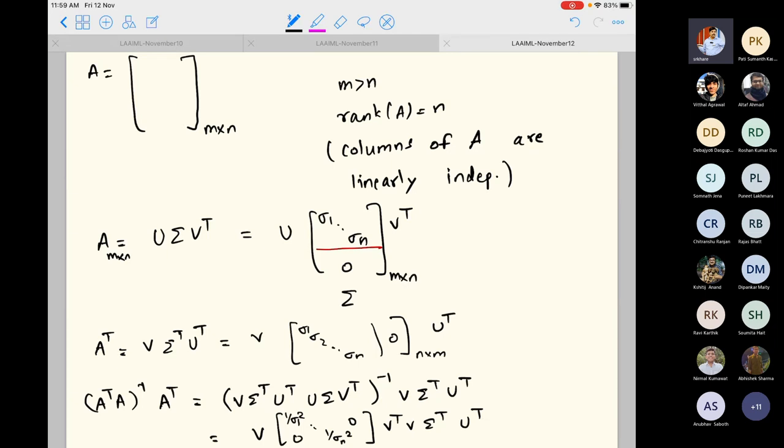Sir, we have the 0 also. The zero is present in sigma. V and U we have considered to be square matrices. Yes, sir. It's fine. Thank you, sir.